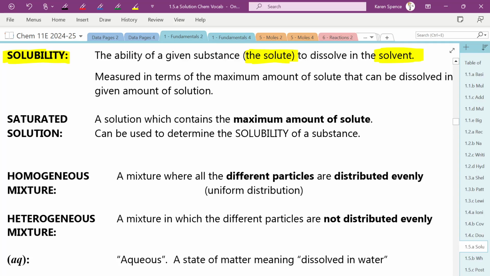Homogeneous mixture. It's where the different particles are distributed evenly. There is a uniform distribution. So basically it means that the particles are mixed at the particle level. You can't see any difference. Like for example, if you have Kool-Aid or any sort of drink, Gatorade, whatever, can you see different areas within the Gatorade?